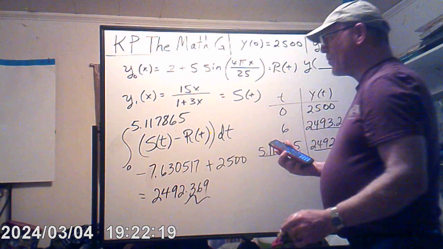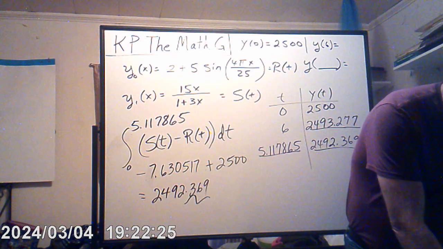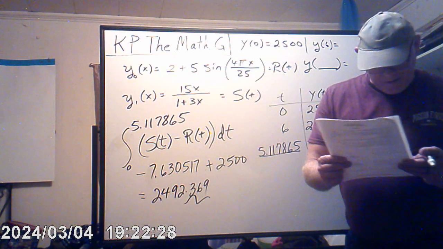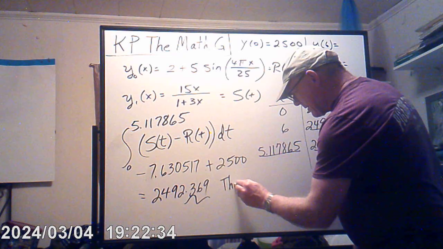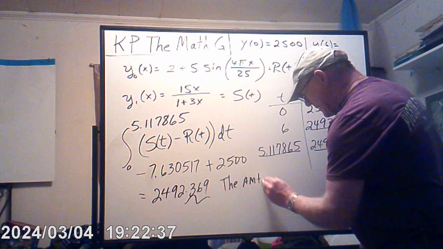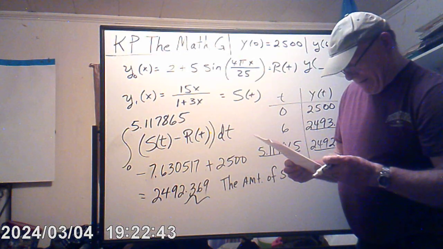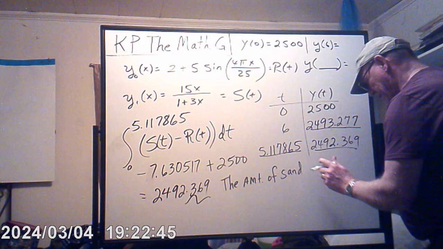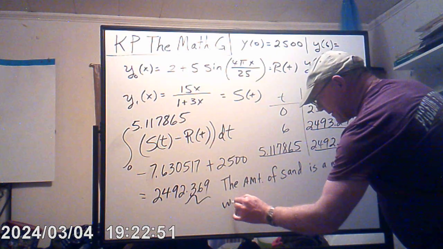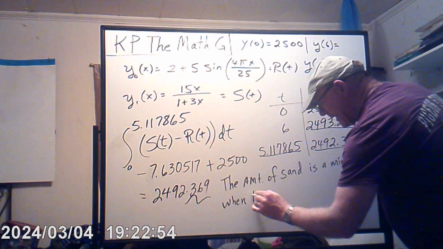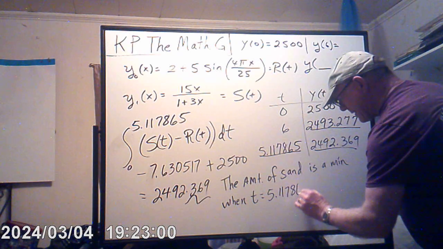All right. So the question is, the minimum value is, the amount of sand, I'm just going to abbreviate this, of sand, is a minimum when t equals 5.117865.